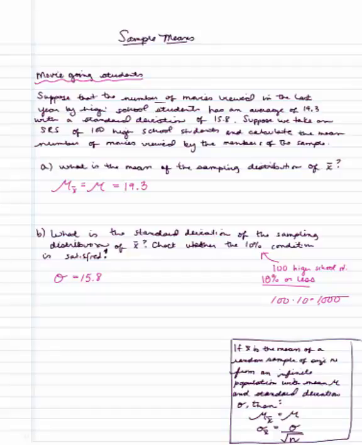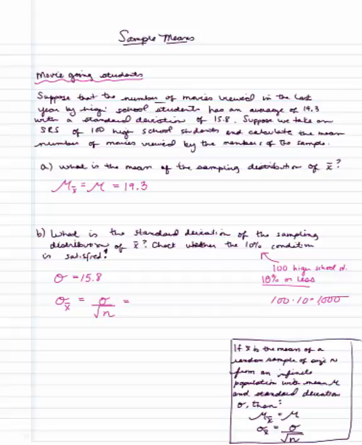Remember, we talked about the bigger the sample, the less variability. So you're going to have a smaller spread. So when you do this, the formula is: the standard deviation of the sample mean is the standard deviation of the population divided by the square root of n.